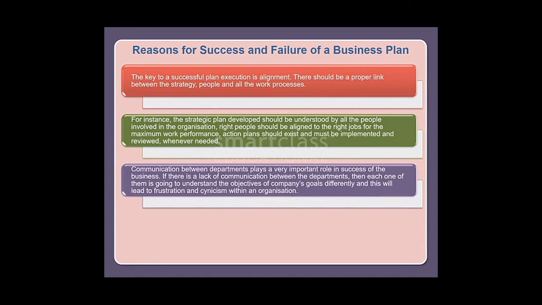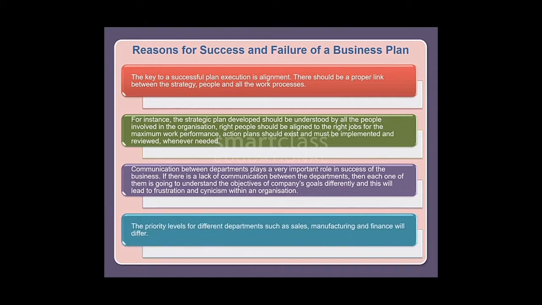Communication between departments plays a very important role in success of the business. If there is lack of communication between the departments, each one of them is going to understand the objectives of company's goals differently, and this will lead to frustration and cynicism within an organization.